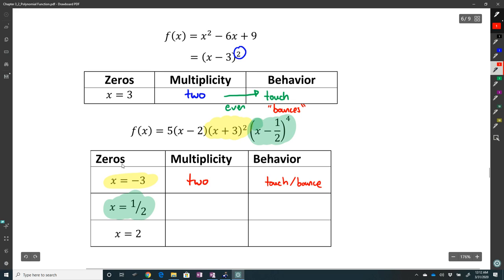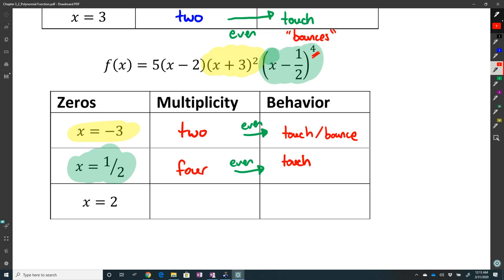Notice that that happens 4 times. The multiplicity is 4. 4 again is even. And so it's going to touch and bounce. I'll just say touch because that's what the book does. It touches, but it's going to be flatter than multiplicity 2.